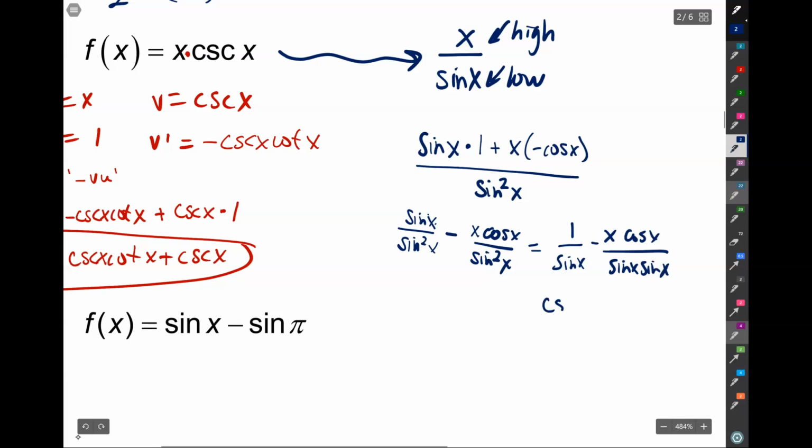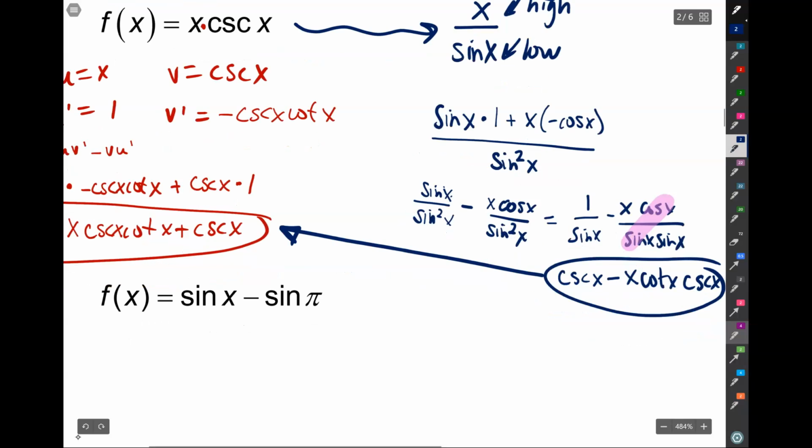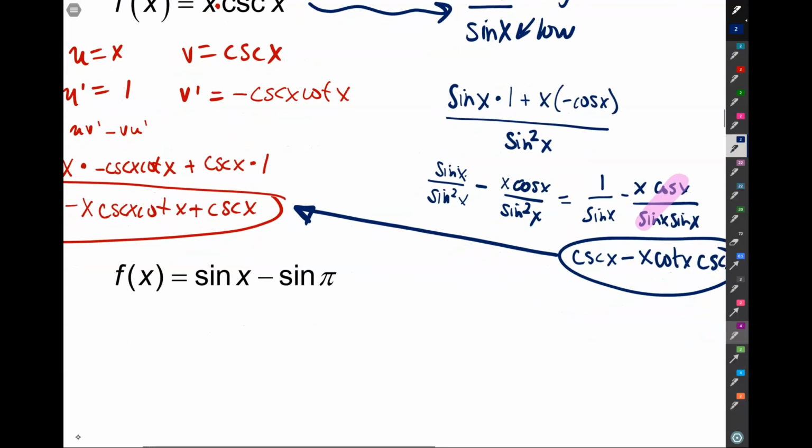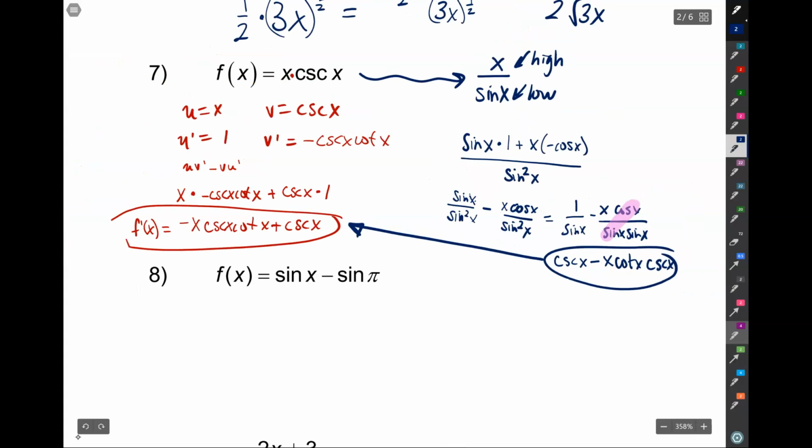So I have cosecant x minus x times, this portion right here is cotangent x. And then I'm left with a 1 over sine x, which is cosecant x. You get the same answer as over here. Cosecant of x plus x cotangent x cosecant x. You get the same answer.